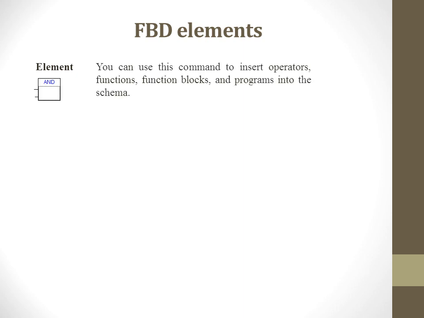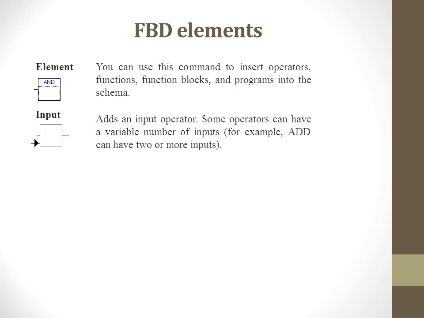So, what about FBD elements? The main element we call Element. You can use this command to insert operators, functions, function blocks, and programs into our chain or scheme. Input adds an input operator or variable.